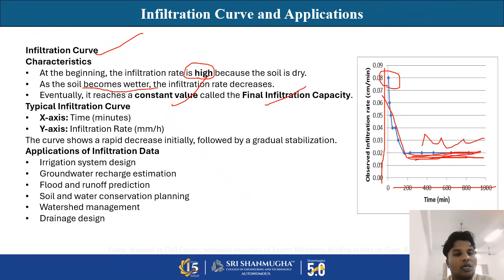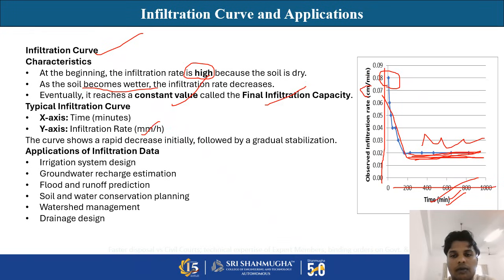In a typical infiltration curve, the x-axis shows the time in minutes. We use millimeter per hour as the unit for infiltration, but in the curve the time is taken in minutes, and the observed infiltration is in centimeter per minute, or millimeter.